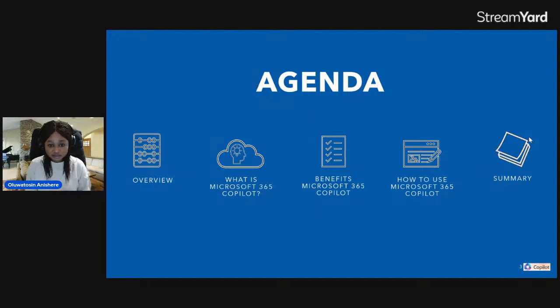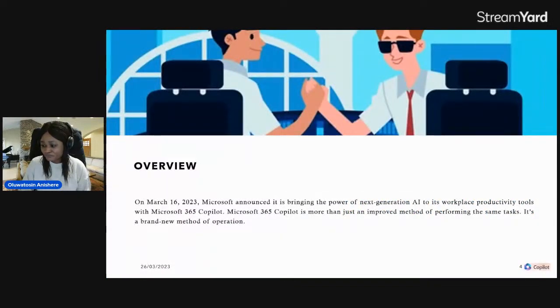Then we'll have a little demo to see how it works, and we'll conclude with a summary. Hopefully we have enough time to take questions and have an answer session. So that's how we are going to run the flow for this session. Let's move on and start with the overview.